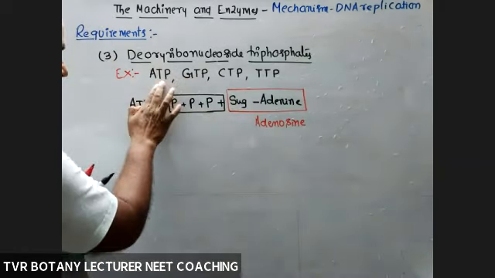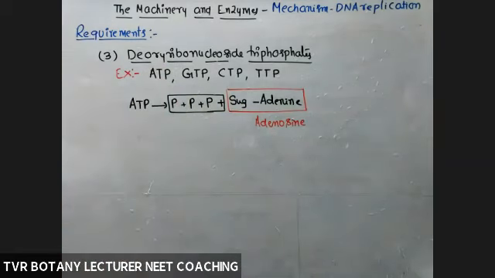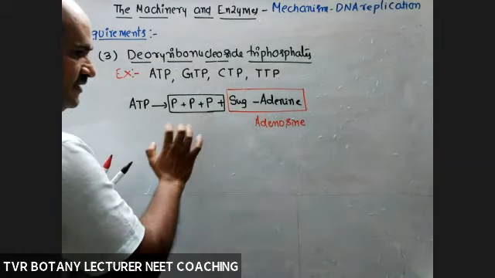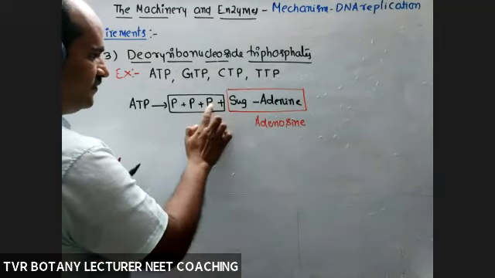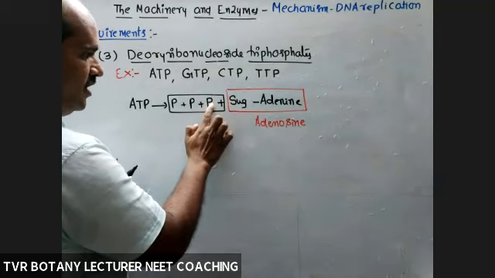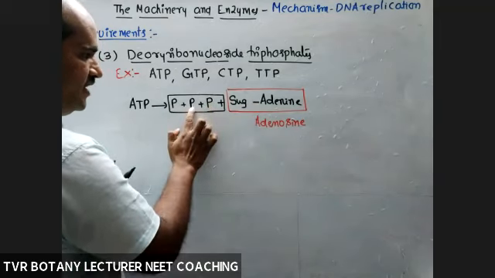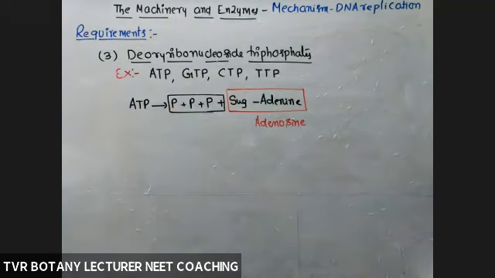Here it is 2-deoxy adenosine triphosphate, and three phosphates are present. Is that clear? Adenosine plus 1 phosphate is AMP. Adenosine plus 2 phosphates is ADP. Adenosine plus 3 phosphates is ATP.